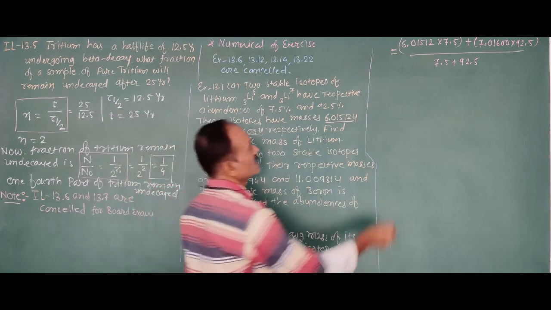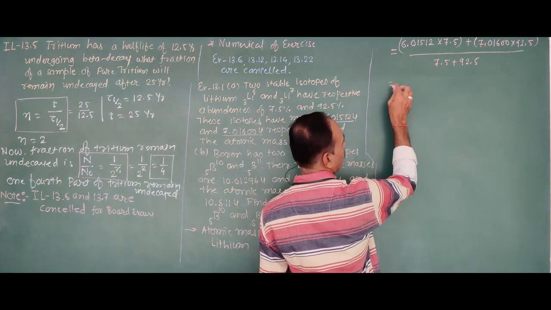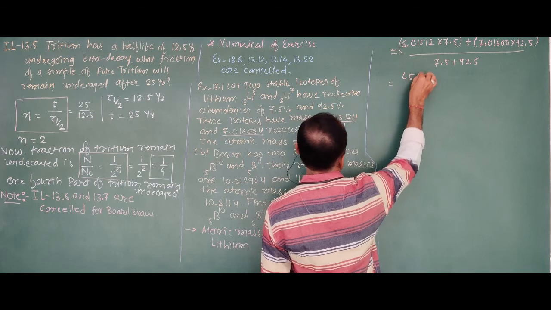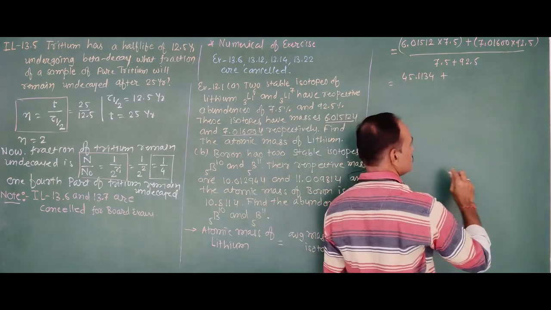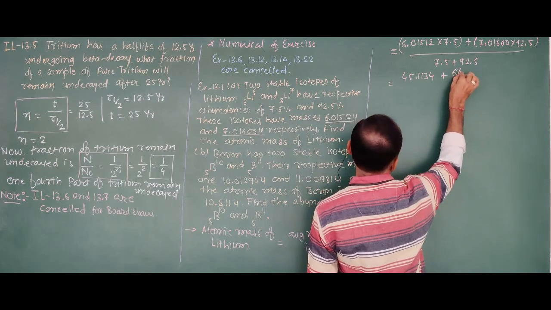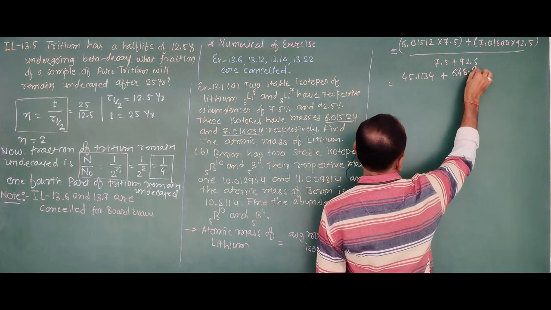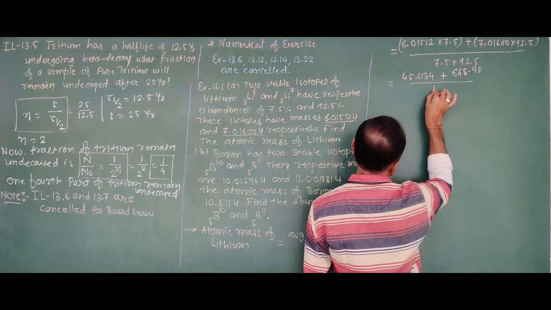As we simplify, we obtain 45.1134 plus 648.98 divided by 100.